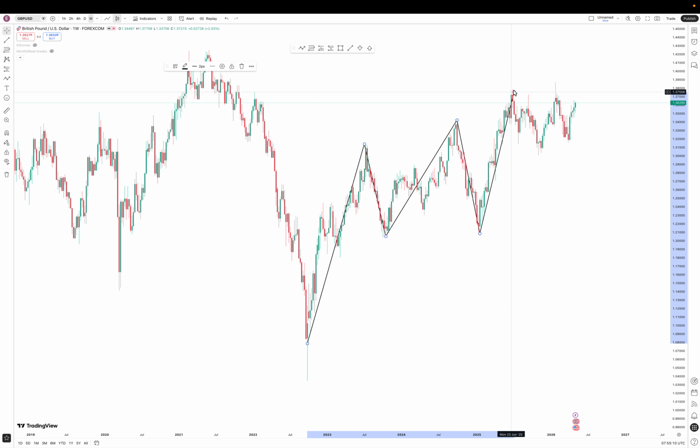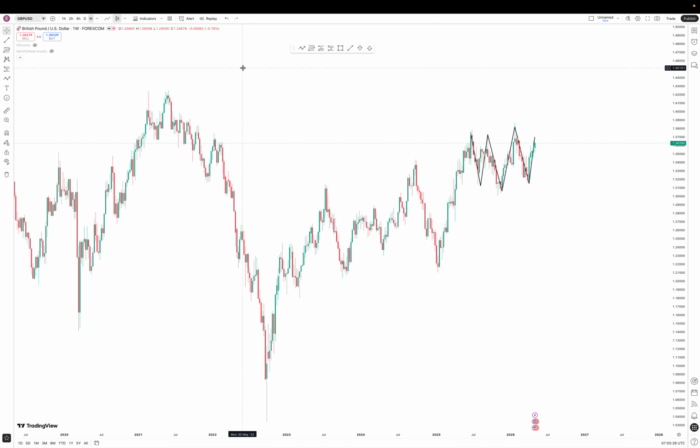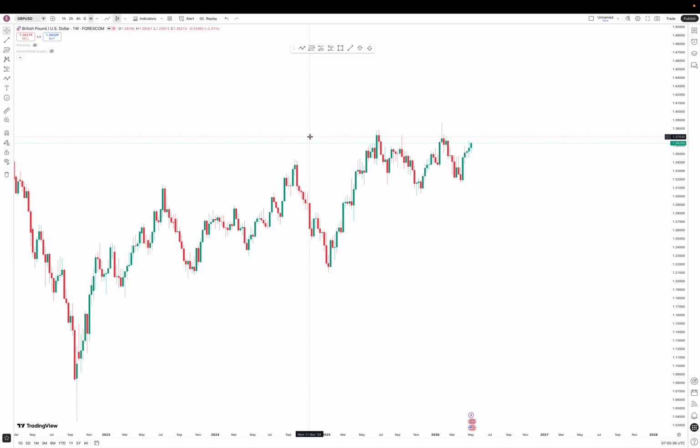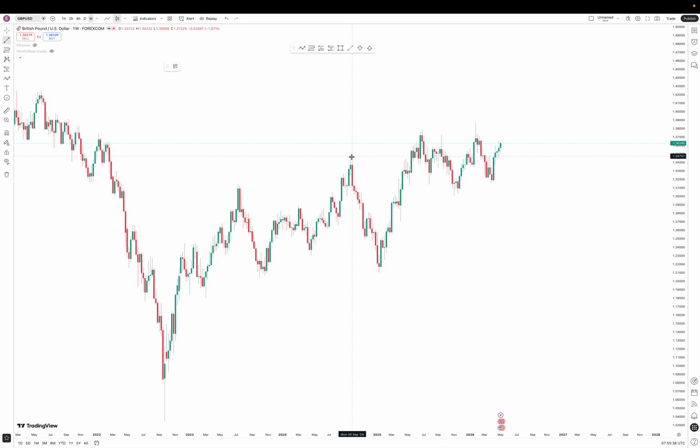This was the last swing high. Then before this structure started forming, last week we identified this structure to be a range bound, and so all we can just see is that GBP/USD is still on a bullish trend.